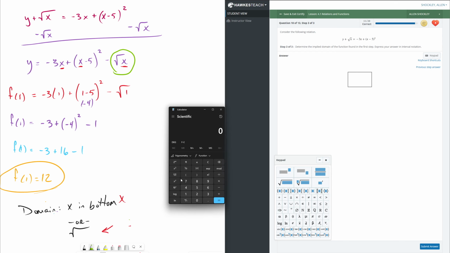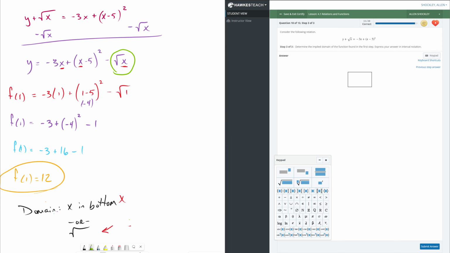If I take the square root of 0, I get 0. Cool. If I take the square root of 4, I get 2. But what happens if I do the square root of negative 4? I get this invalid input because there is no square root of negative numbers. There's no even root of a negative number.